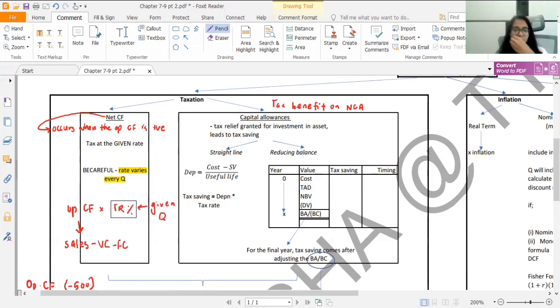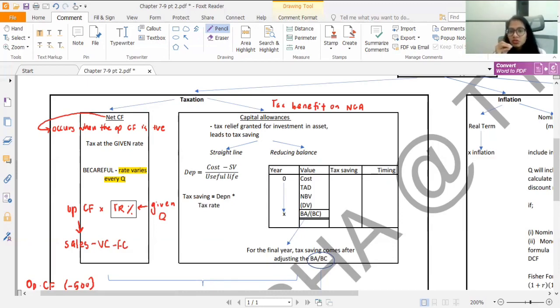What is this tax benefit based on? So this tax benefit, remember I told you it's called capital allowances. Capital allowance is the tax terminology that is used for depreciation.